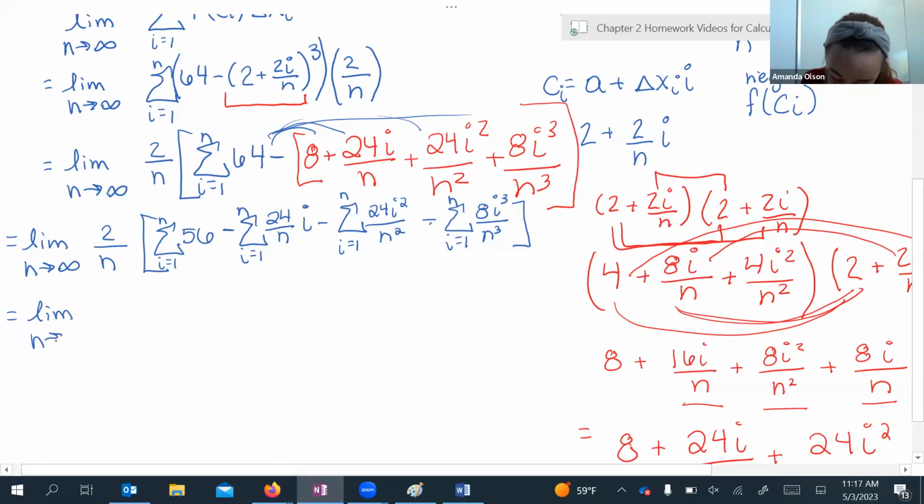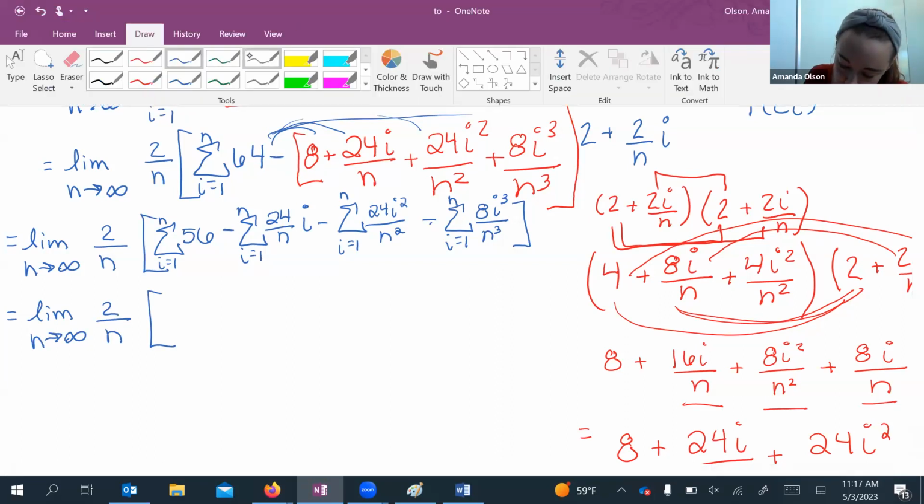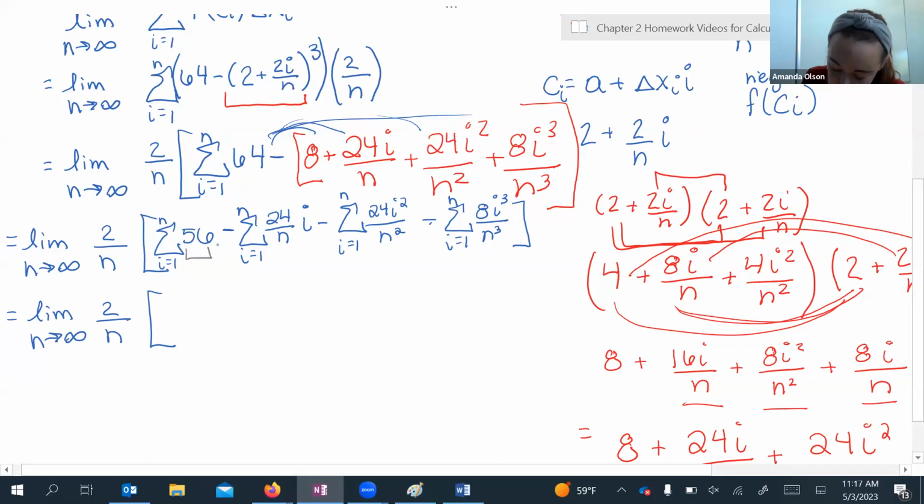So the limit as n goes to infinity, 2 over n. This first summation, the sum of 56 from i equals 1 to n, is just going to be 56 times n.